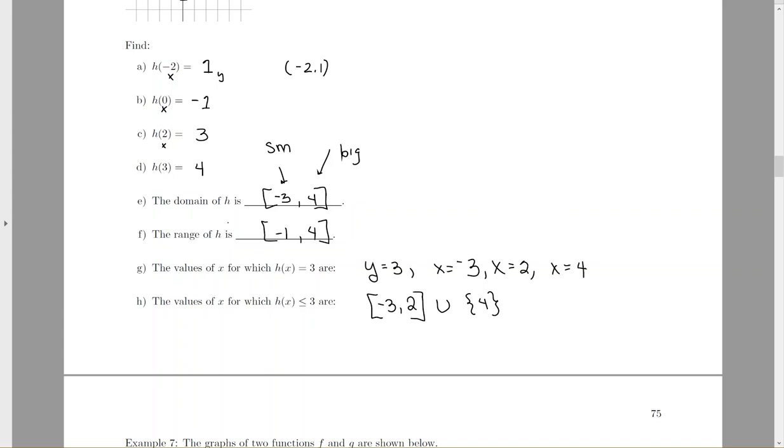This tells somebody from x is -3 all the way over to +2, you're below the line y = 3, and then you're on the line here at that singleton point 4. You're also on the line at -3 and 2 because you got the brackets on both of those. So that's what that means. Like, draw yourself a line, and then where are you below that line or on it?